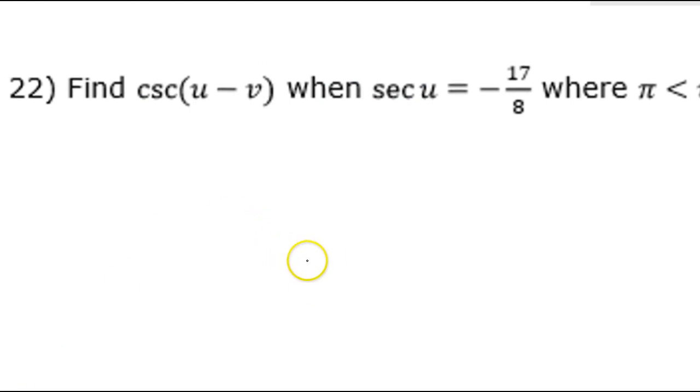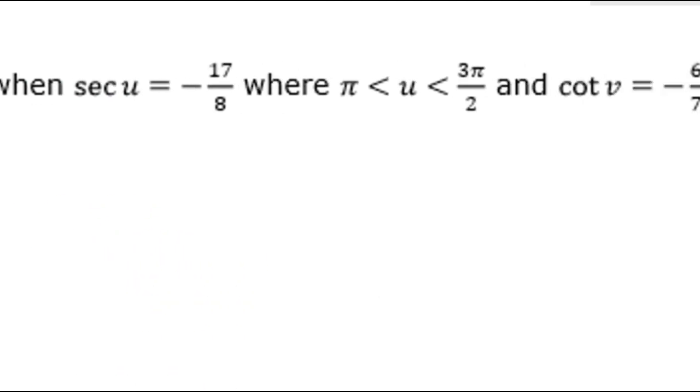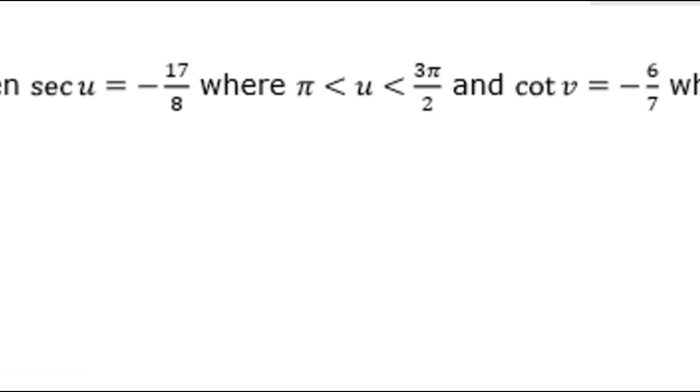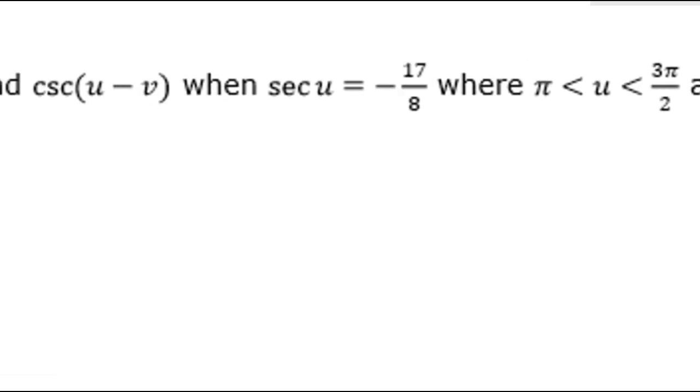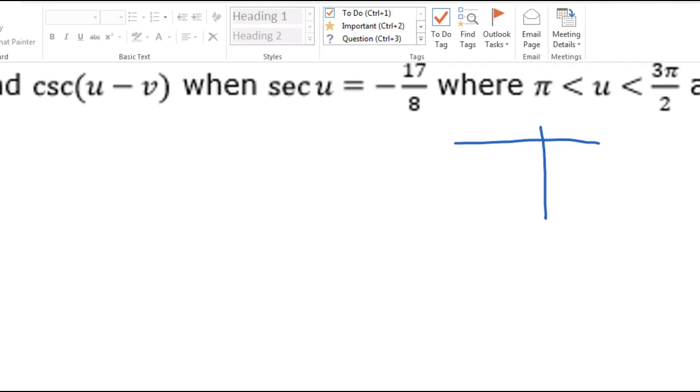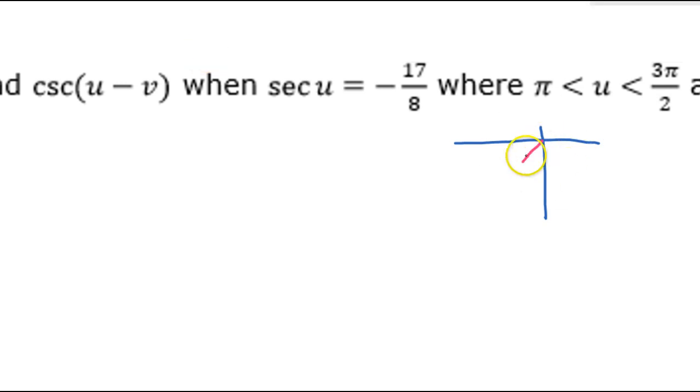Okay, number 22 is one of those where we are given quadrants and such. So this first one is between pi and 3 pi over 2. So they're describing the third quadrant. So let's draw a little picture in the third quadrant. Okay, secant is the reciprocal of cosine.